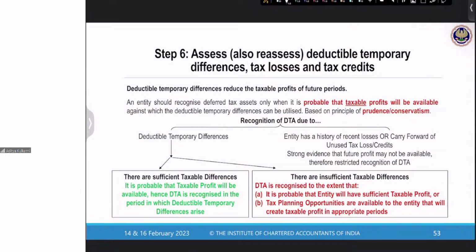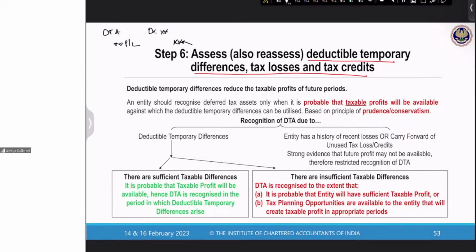Then the most important part is deductible temporary differences, tax losses and tax credits. See, as I told you, every entity will be very willing to pass the entry DTA account debit to P&L.